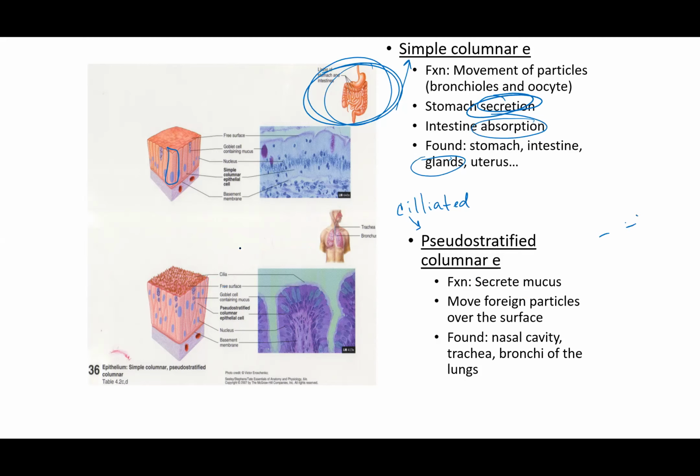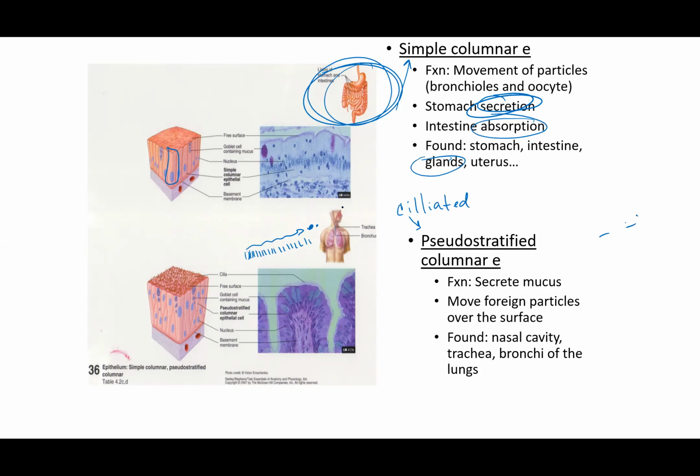And you're like, well, what the heck is cilia? Well, cilia are these little hair-like projections that are constantly moving particles away from the lung field.